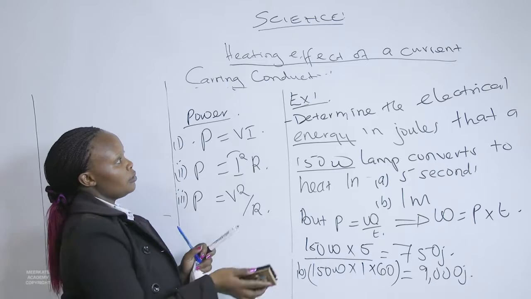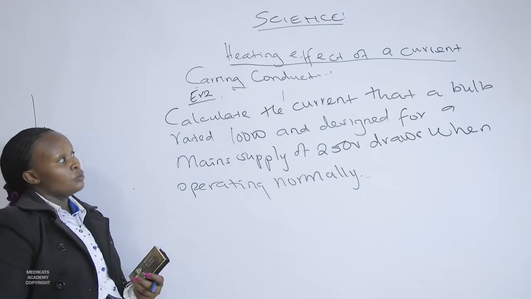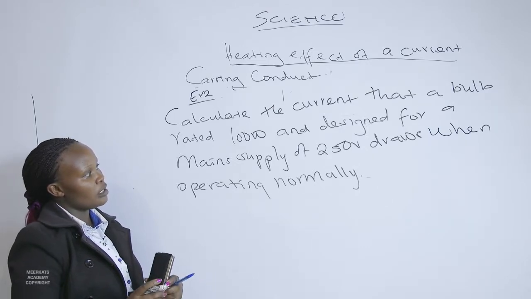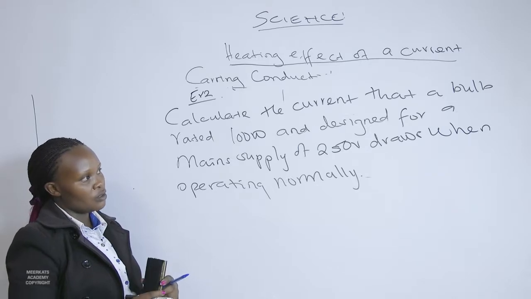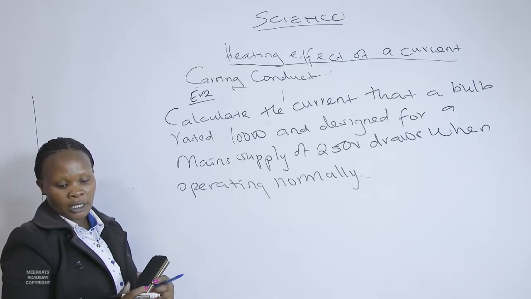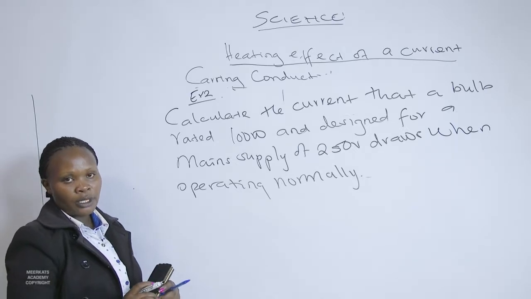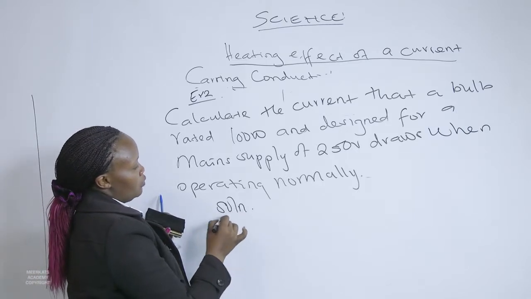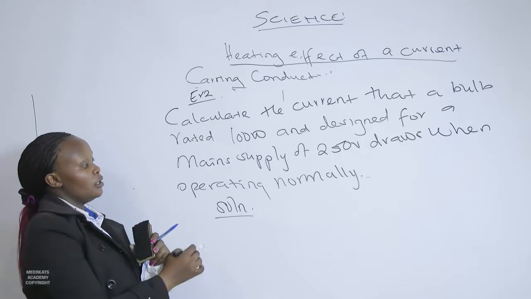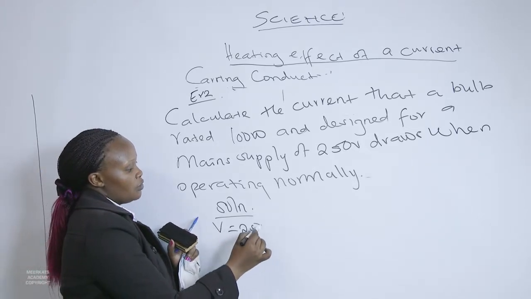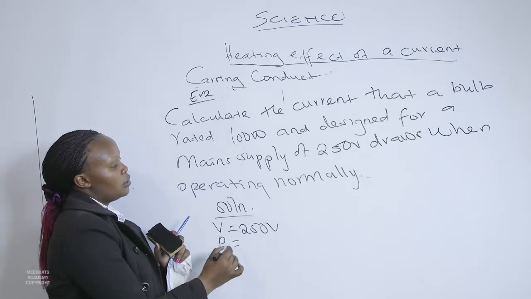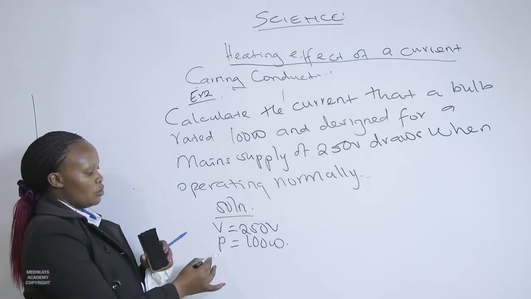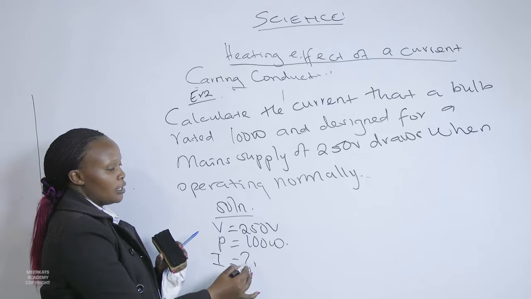We look at another example. Calculate the current that a bulb rated 100 watts and designed for a mains supply of 250 volts draws when operating normally. Now, from the information that we have been given, voltage is 250 volts, power is 100 watts, and we want to get the current.